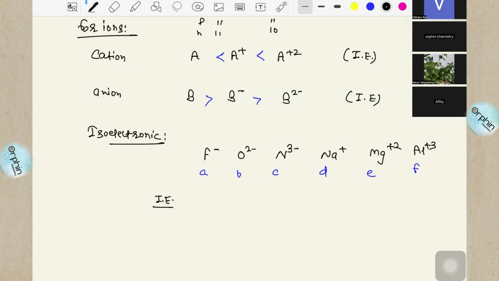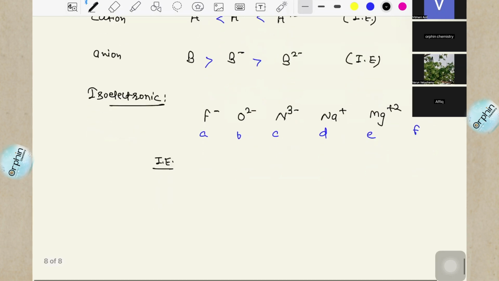Okay, so what will be the order, Varun? Which is having highest? N3 minus is highest. Okay. So Al3 plus. Vibhani, Al3 plus.